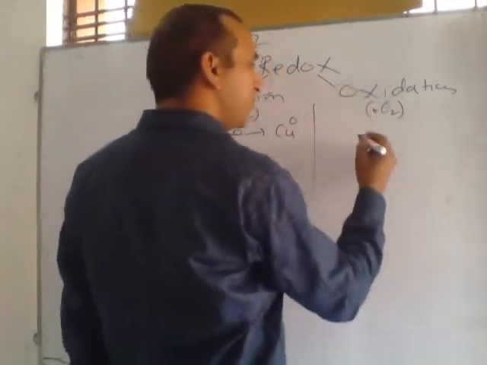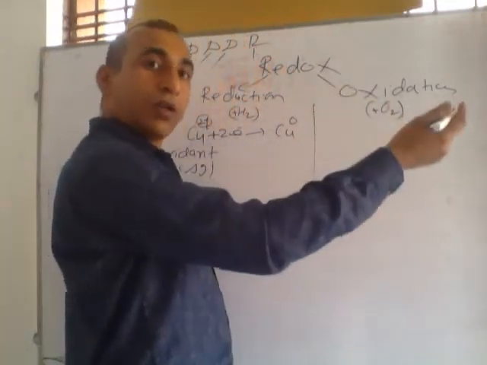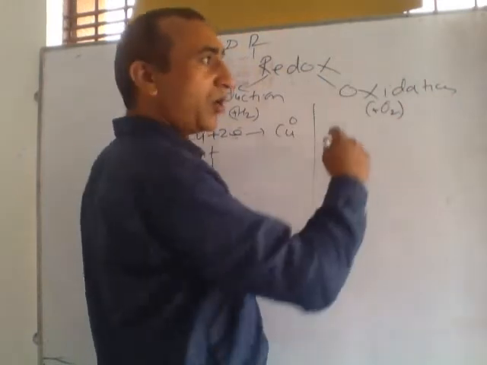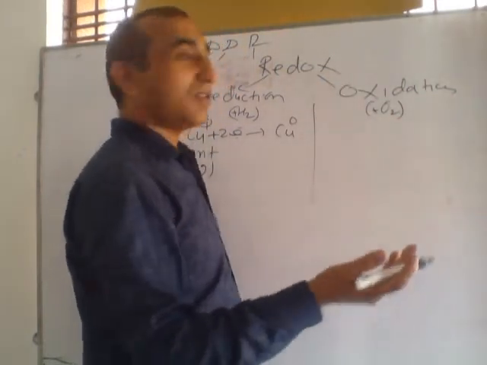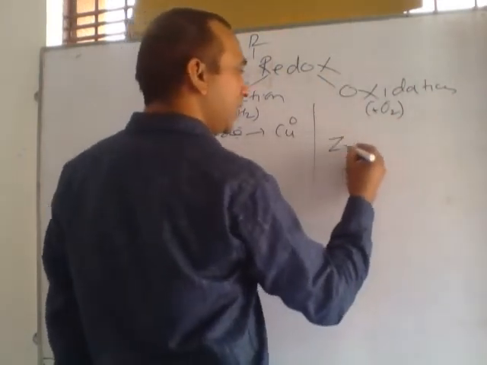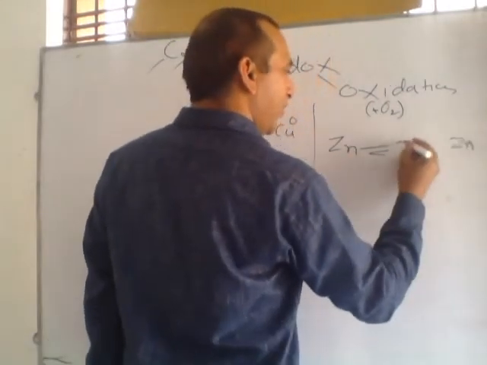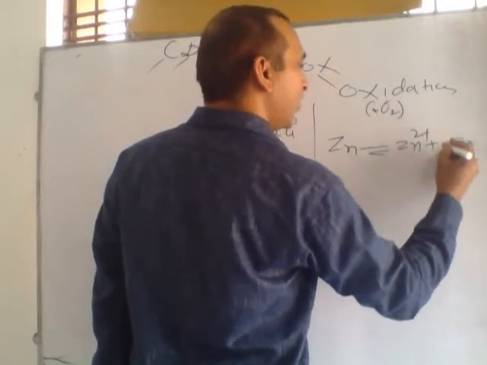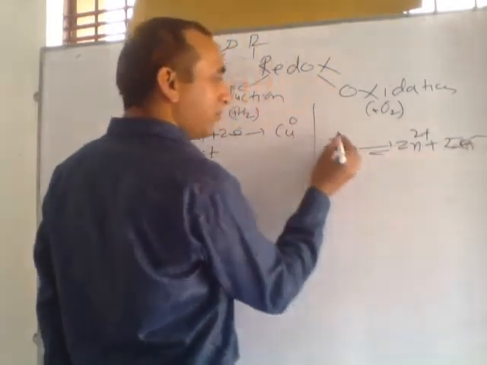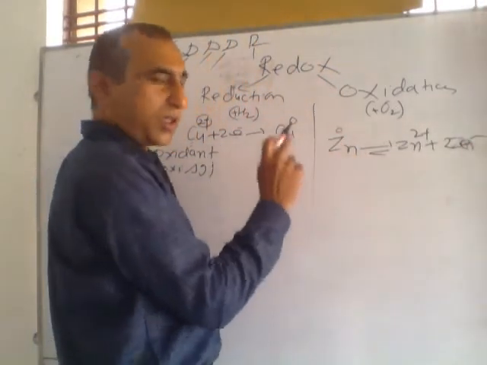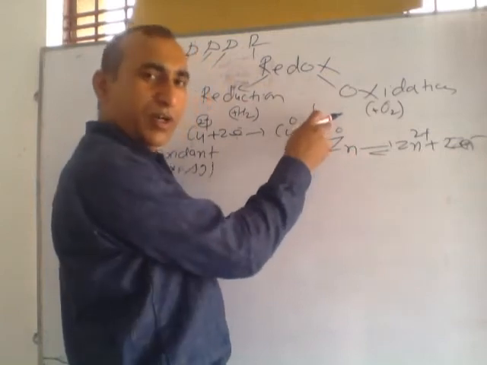Here oxidation means, in electronic definition, oxidation means increase of valency. Suppose this is zinc. After the reaction, zinc forms Zn2+ along with removal of 2 electrons from zinc. Zinc is 0, which means its oxidation state as a reactant is 0.